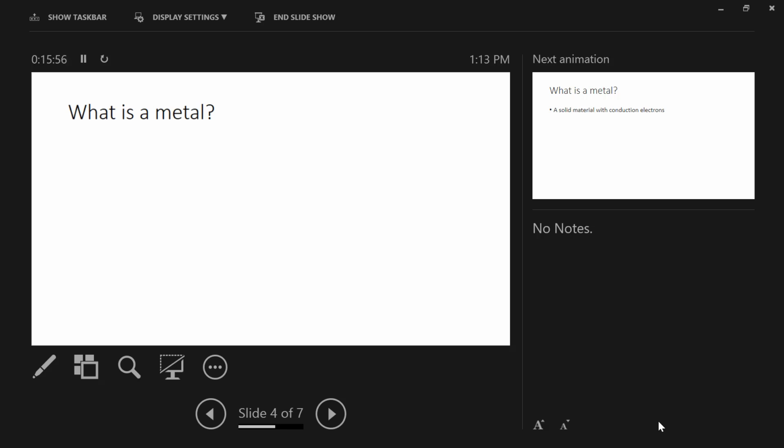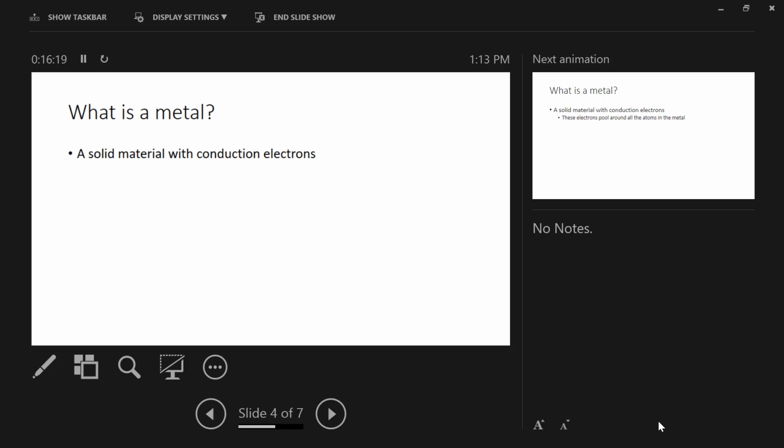Charles. Metals are usually hard. Also a great way to define a metal, not the best way for today. I'm going to give you a definition that none of you were prepared for. It's beautiful. Listen to this. A metal is a solid material with conduction electrons.